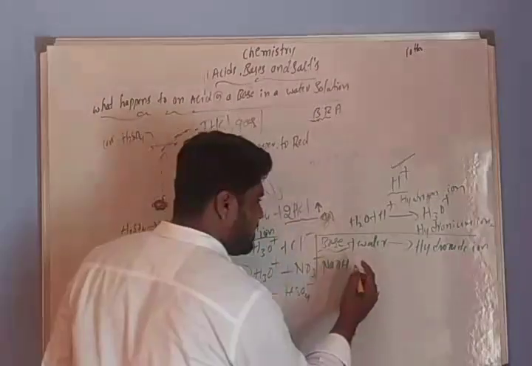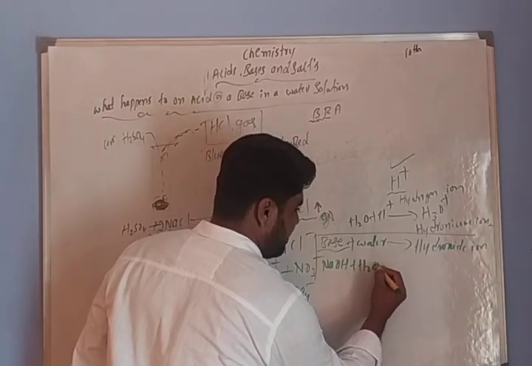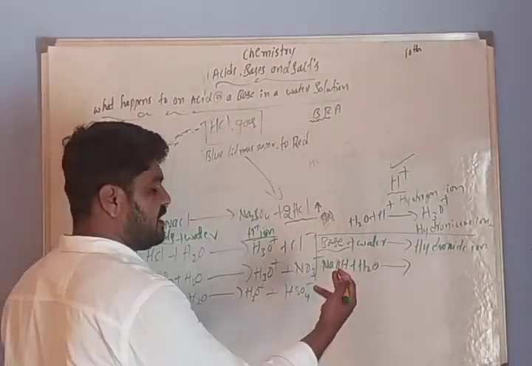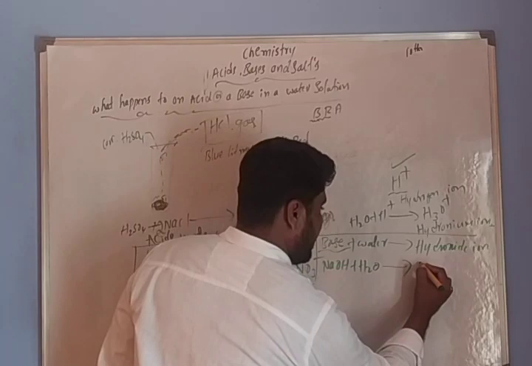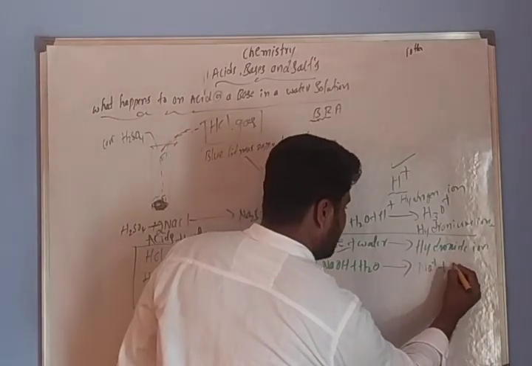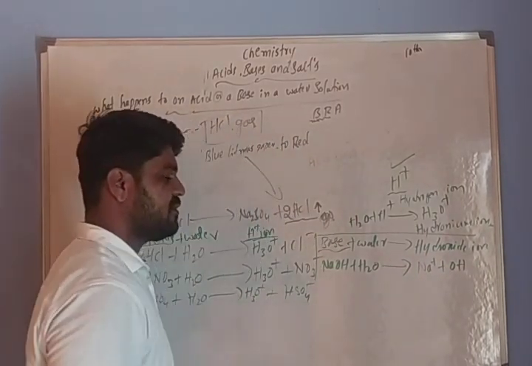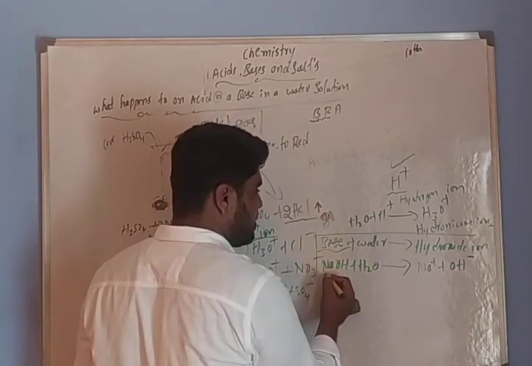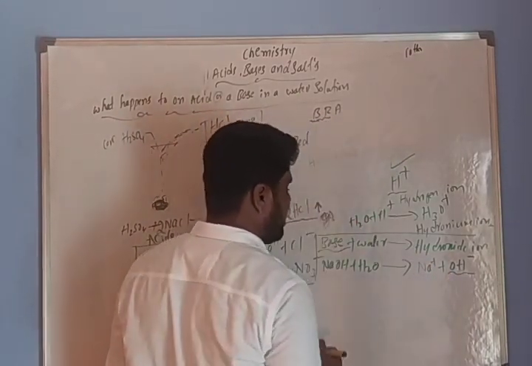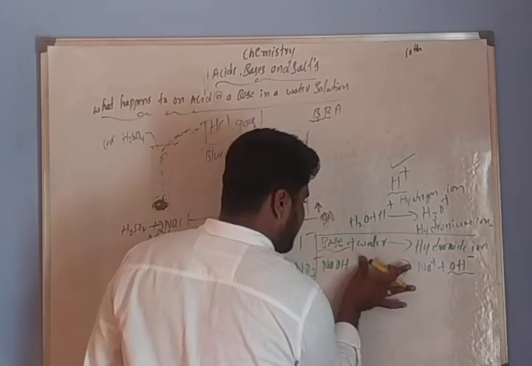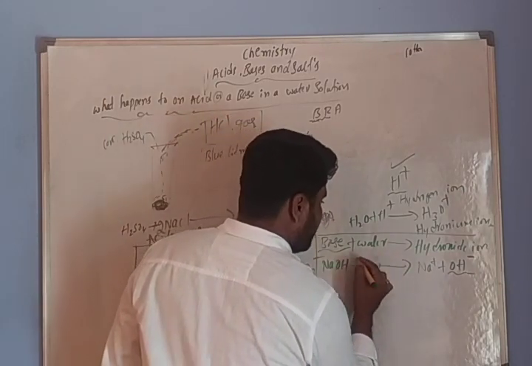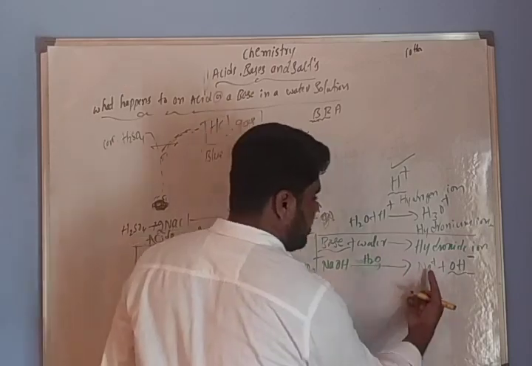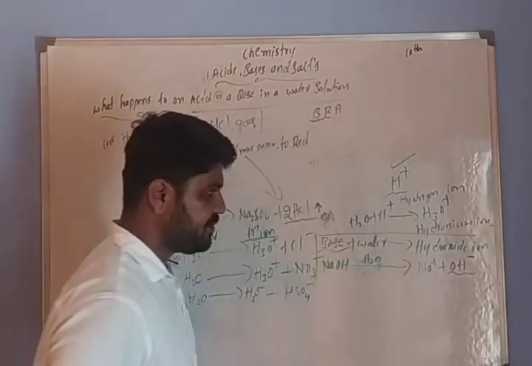So when a base reacts with water, it produces Na plus and OH minus, like this. When bases react with water, it produces OH minus ion. For this, we can write like this: NaOH reacts with water, it produces Na plus and OH minus.